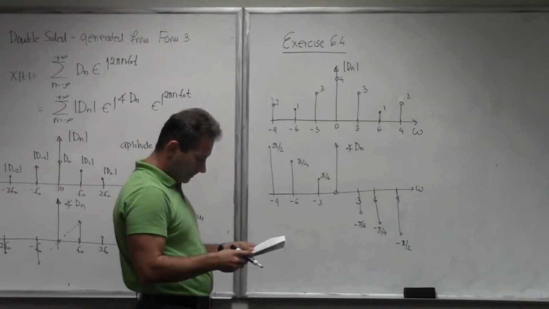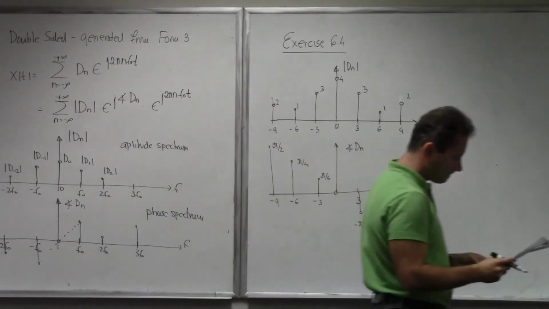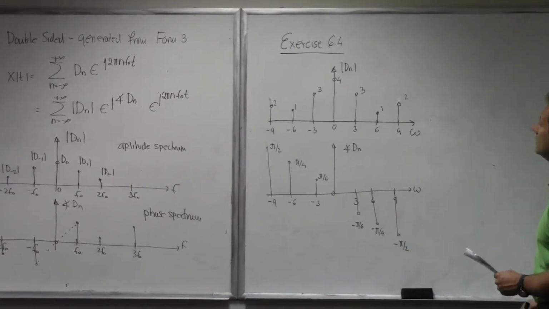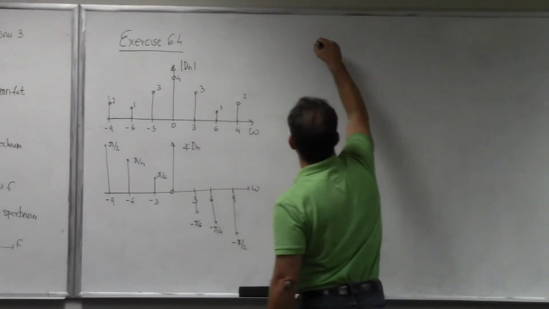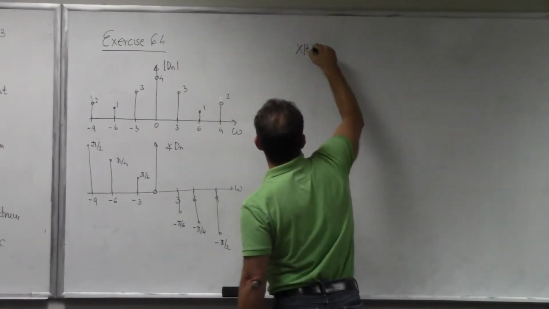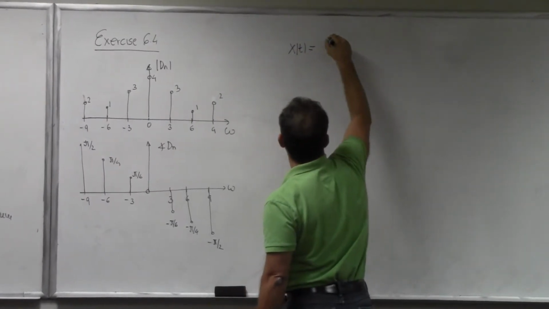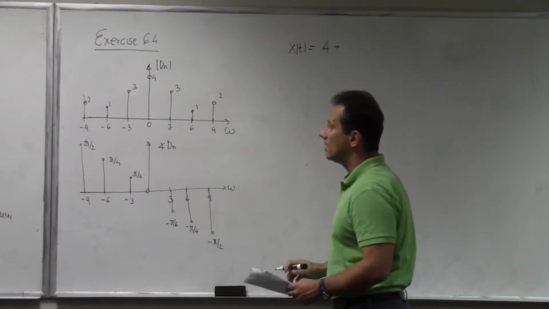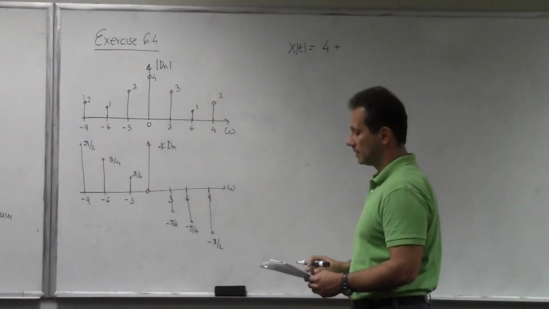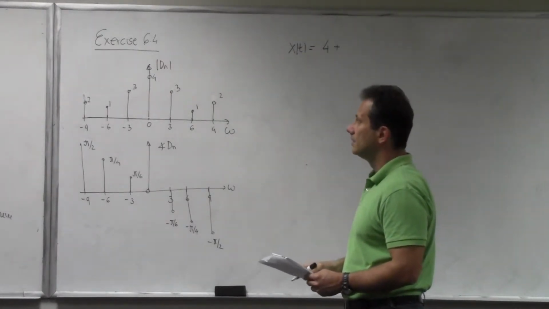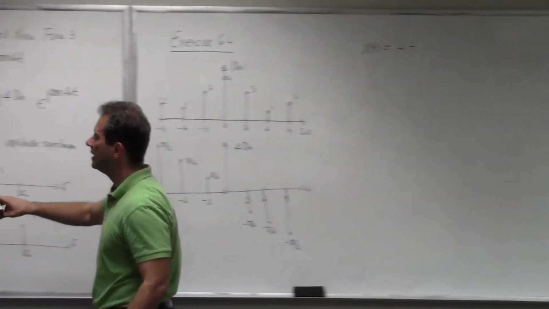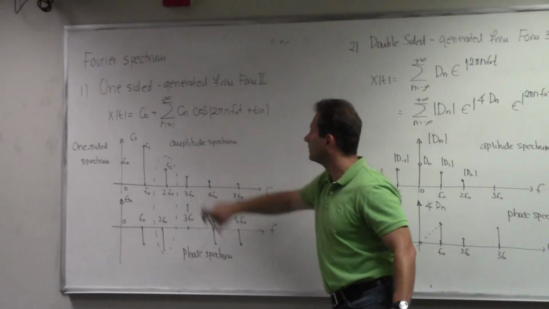So how do I write my trigonometric form? I can say x of t. What is my DC value here? 4 plus. Now, how do I determine the magnitude of this Cn here?